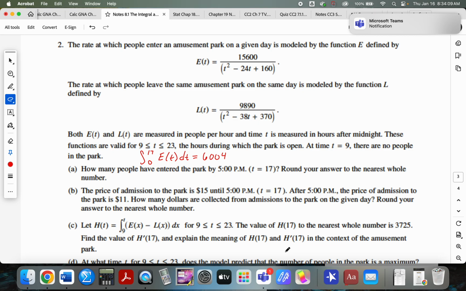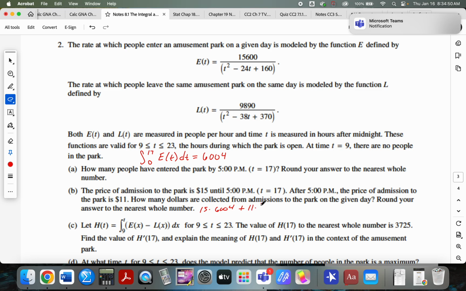So it says the price of admission to the park is $15 until 5 o'clock. After 5 o'clock, the price of admission to the park is $11. How many dollars are collected from admissions to the park on the given day? Round your answer to the nearest whole number. All right, well, we already know that 6,004 people come in before 5 o'clock. So that's going to be 15 times 6,004, plus we're going to charge $11 for the people who come in after that.